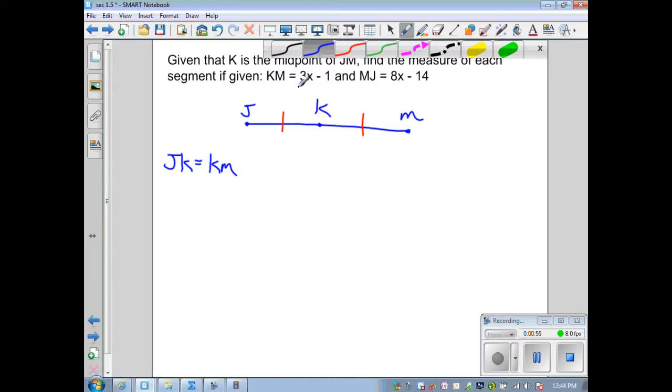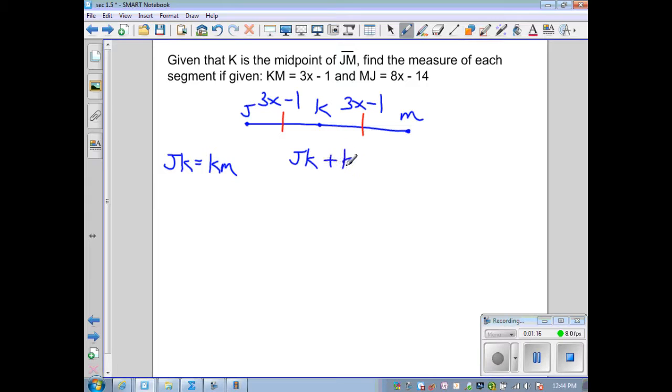From the problem, KM is equal to 3x minus 1. Since these two segments are congruent, JK is 3x minus 1. From the segment addition postulate, I know that K lies between J and M. Therefore, JK plus KM is equal to JM.